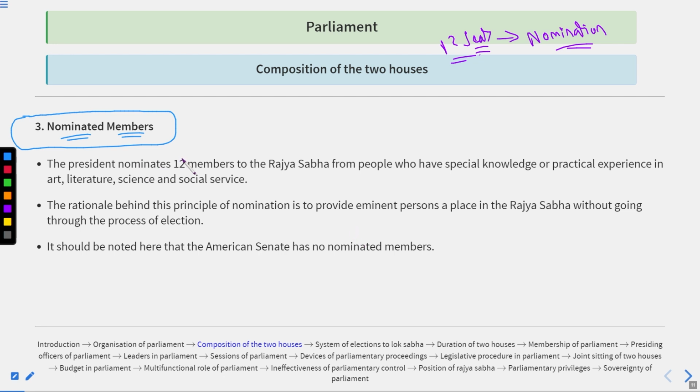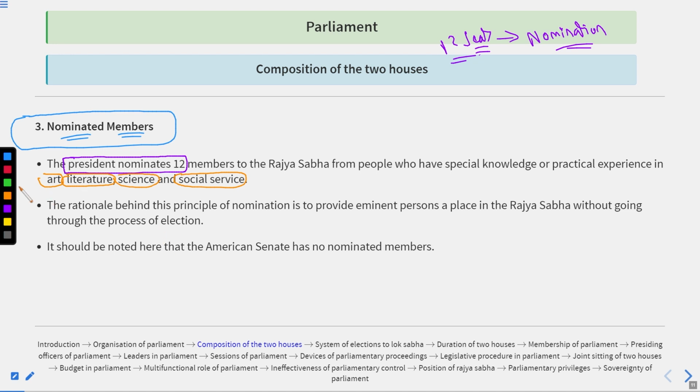The answer is the president. The president nominates 12 members to the Rajya Sabha from people who have special knowledge or practical experience in fields like art, literature, science, and social service.